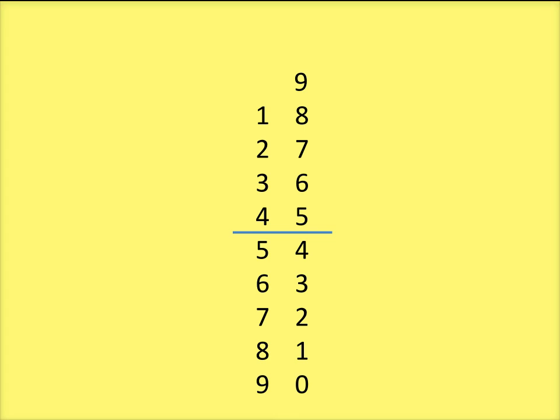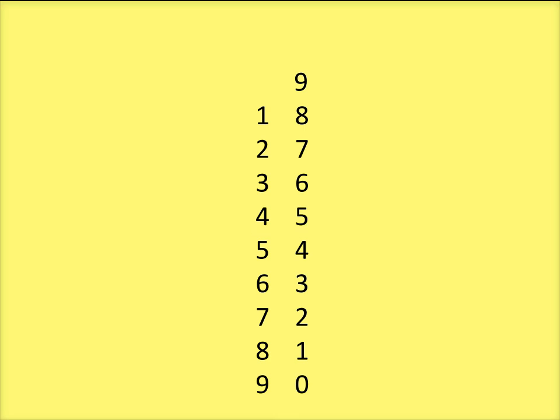Well, if you can see, it's like the digits in the numbers are flipping. So if we look at 45 just above the blue line, if we flip those digits around, they would become 54 just below the blue line. The same thing happens with 36. Flip those digits around and what do you get? 63. Pretty cool, huh? But that's not it.